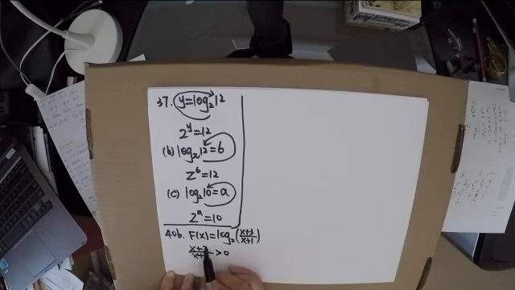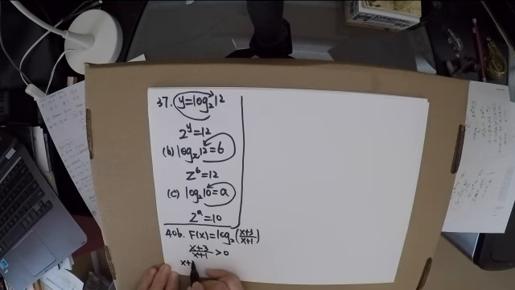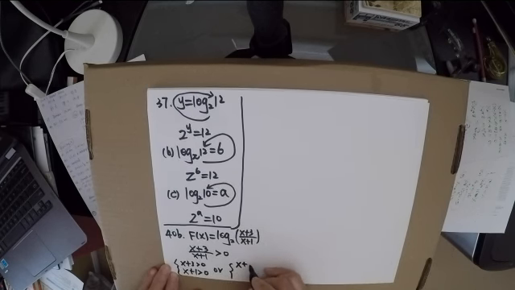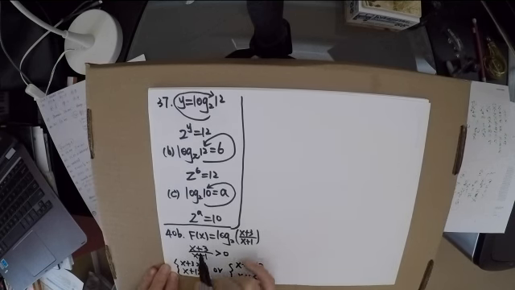So we know that the argument of the logarithm has to be greater than 0, which means (x plus 3)/(x plus 1) has to be greater than 0. In order to make the whole thing greater than 0, we have two cases. When both numerator and denominator are greater than 0, the fraction is greater than 0, or when both are negative, division also makes it positive.